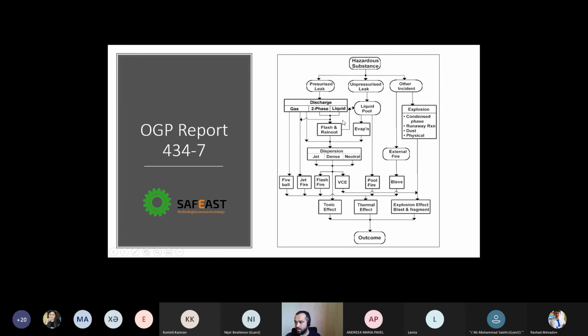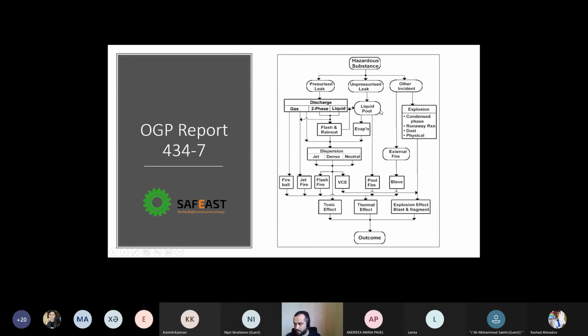Once this process happens, there is a phenomenon called dispersion. Dispersion of the release happens through the atmosphere, and depending on many factors, it could be jet dispersion, dense dispersion, or natural dispersion. As a result of this dispersion, ignited dispersion may result in a flash fire if it is in an uncongested area, or it could result in a vapor cloud explosion.